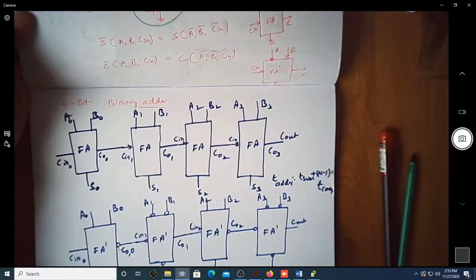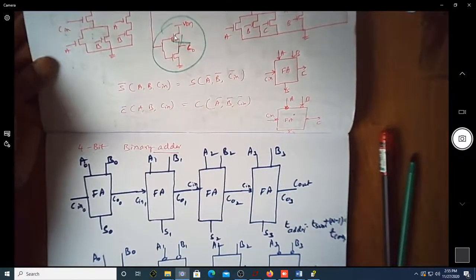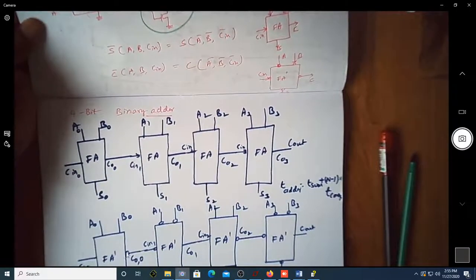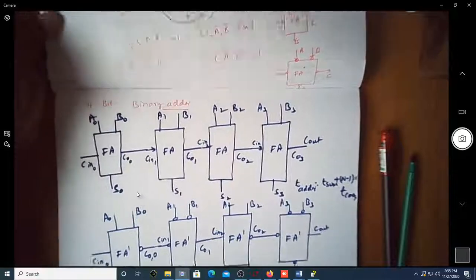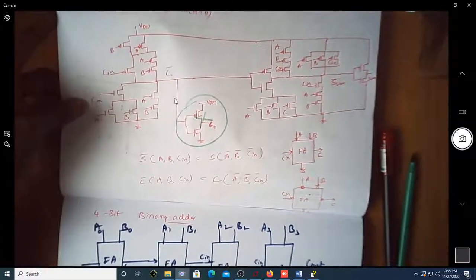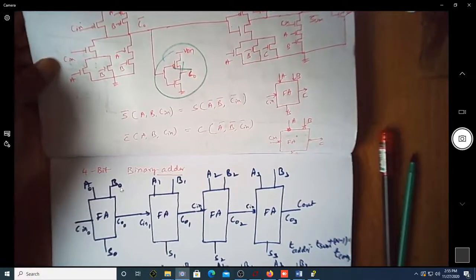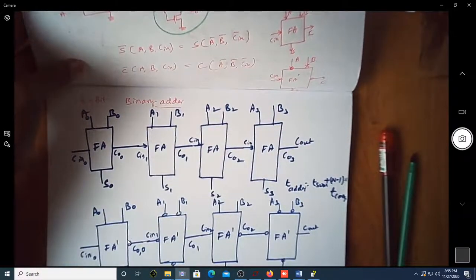What will this bubble do? Since you don't have this inverter, whatever you are going to get just before this inverter has to be inverted again so that you get the carry, because this implementation is not having an inverter. Suppose you take it here itself with FA bar, it will be a complement.